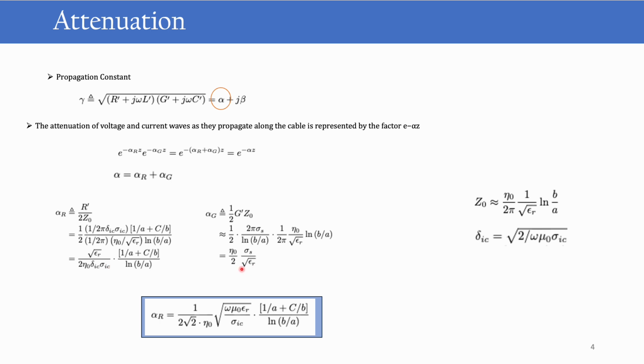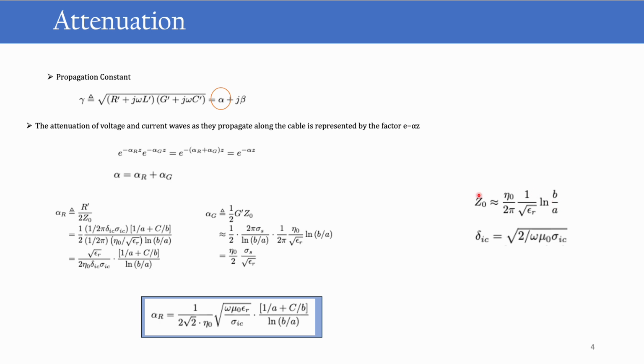Here we can see that alpha g depends only on eta, sigma s, and epsilon r, not on any of the coaxial cable parameters like the radius of the inner conductor or the radius of the outer conductor. But alpha r depends upon coaxial cable factors like the inner and outer radius.